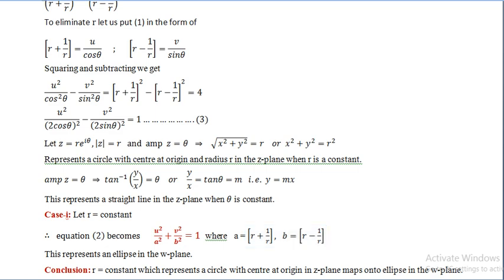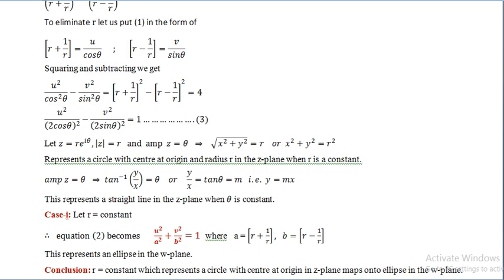And we know that u square by a square plus v square by b square equal to 1 represents the equation of an ellipse in the w plane.